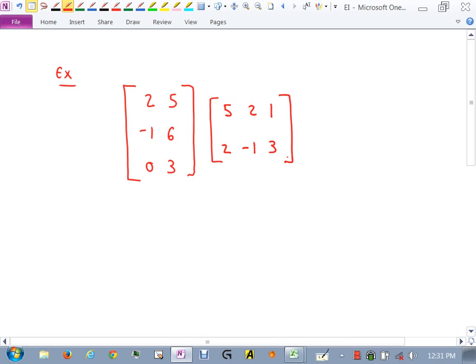Can I do it? Yes? Okay, what's the dimension on the first matrix? 3 rows, 2 columns. What's the dimension on the second one? 2 by 3. So it's possible because these two match, don't they? My answer is going to be a what? A 3 by 3, because the outside ones are the result. So my answer is going to be a 3 by 3.